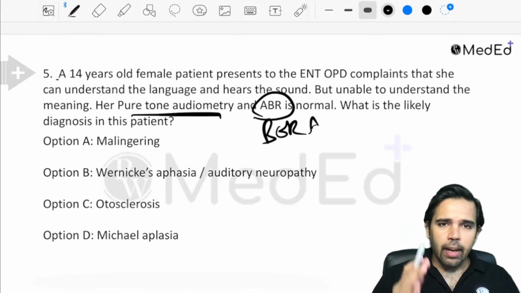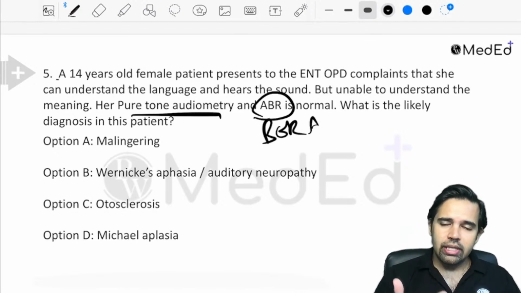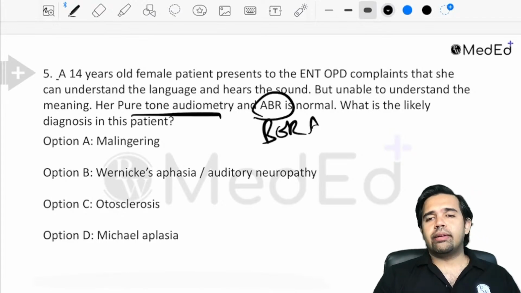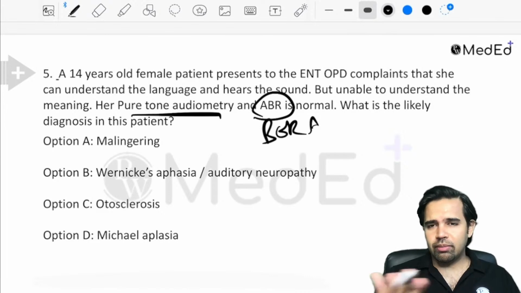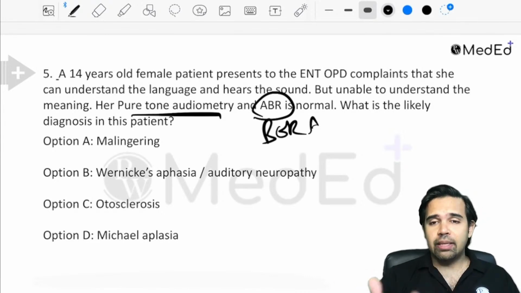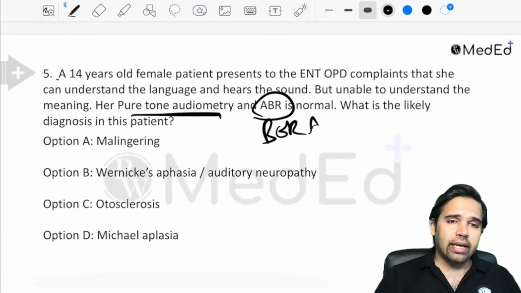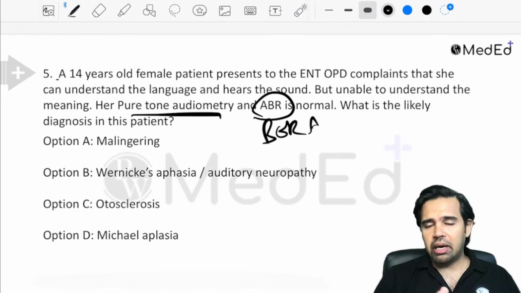Now, malingering is basically trying to falsely show some symptoms so that you get some sort of a financial gain, like a certificate or some extra privilege of that disability that one will get. All right, here nothing in this description tells us why this girl would want to malinger.